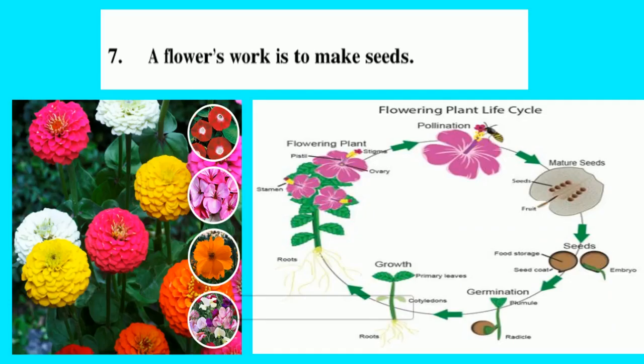Number 7 is a flower's work is to make seeds. Dear students, flowers are special structures that help flowering plants to make more plants. In order to make more plants, flowers make seeds. Here I have shown a life cycle of a flowering plant, how a plant grows and how seeds become.